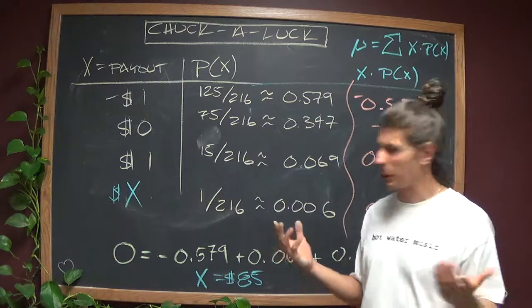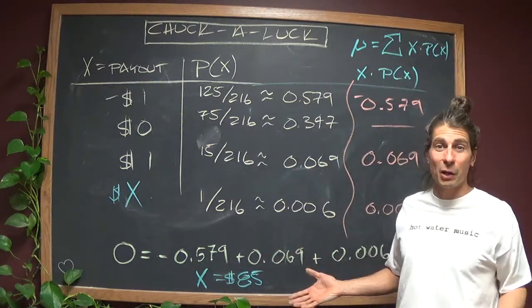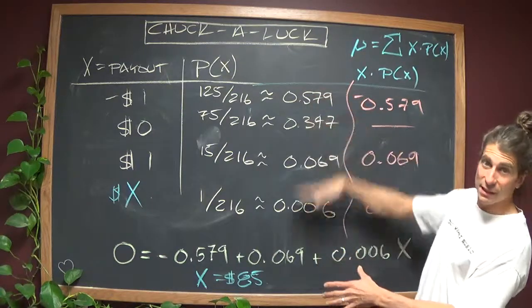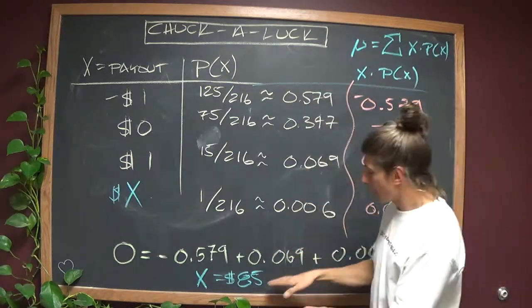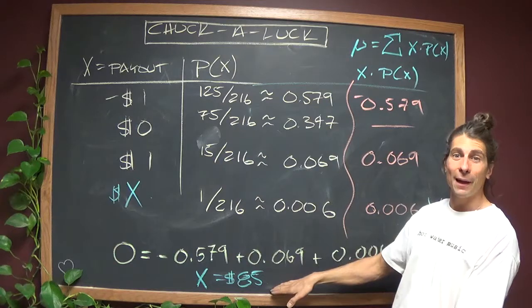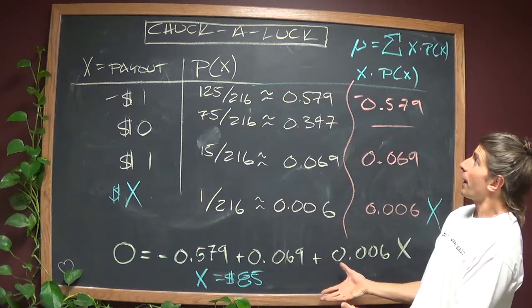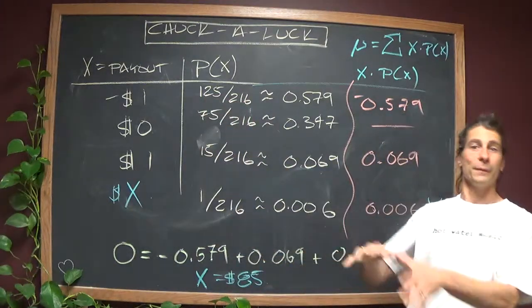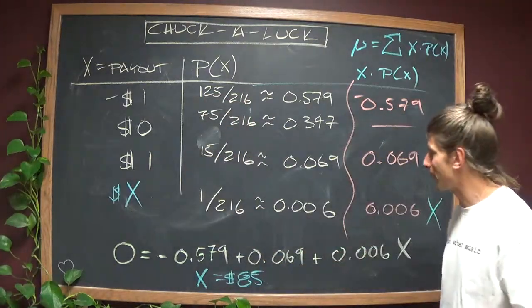Isn't that cool? Totally cool. And this is what actuaries do all day long. They figure out how much money they know this based on statistics and charts and stuff like that. They figure the break-even point out, and once they know the break-even point, they can figure out what everything else has to be balanced wise to ensure income. It's super fun when you think about it that way.